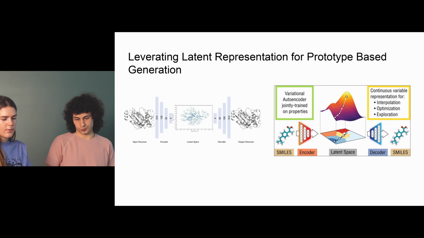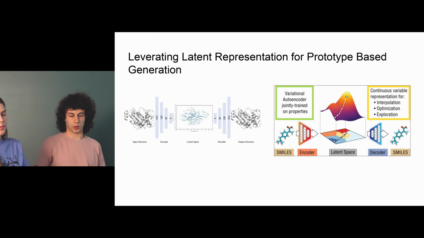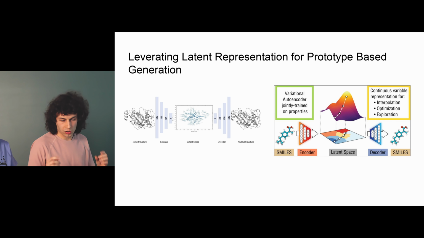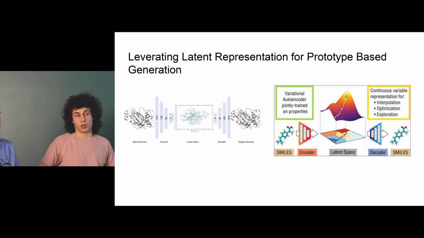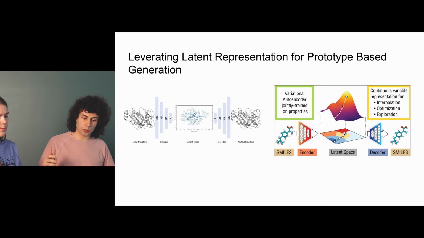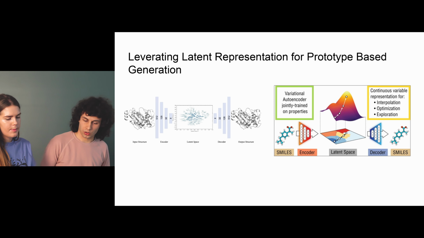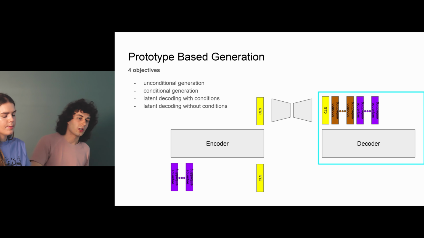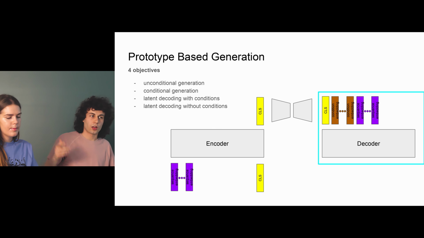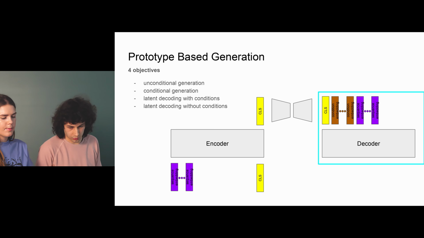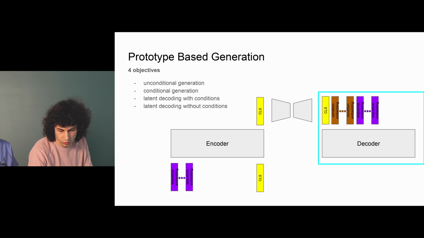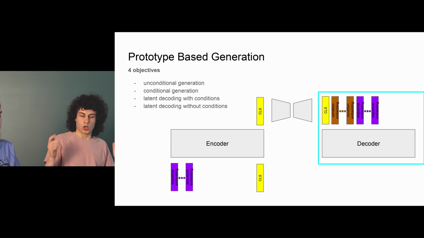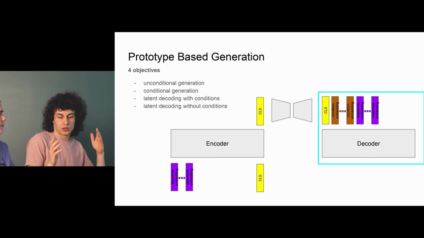We also trained the model on peptides as well, and here we use pretty much the same model as before, but adapted it to be an autoencoder to have the capability of first embedding some peptide and then sampling around it.